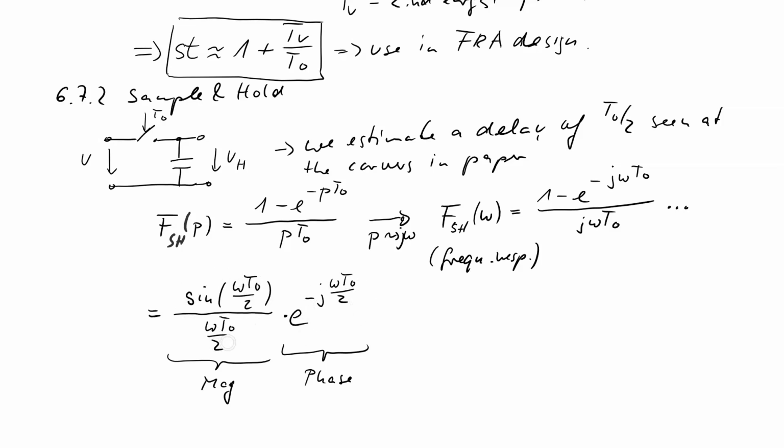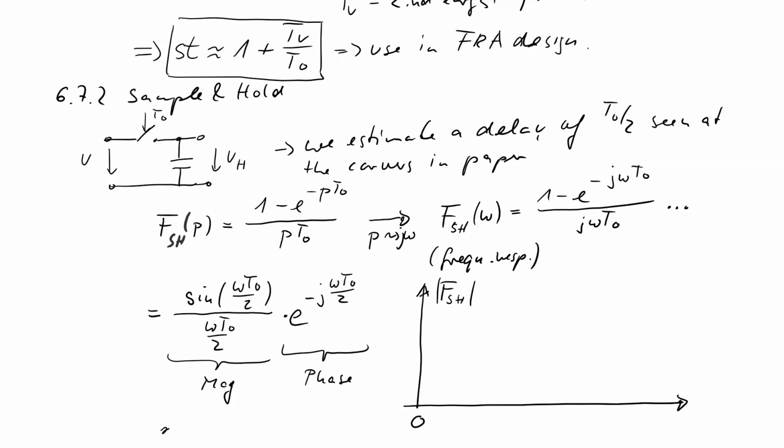First look at the magnitude behavior. If we draw the sample and hold magnitude, not over log omega, I want to start first with linear omega. We start with 0.